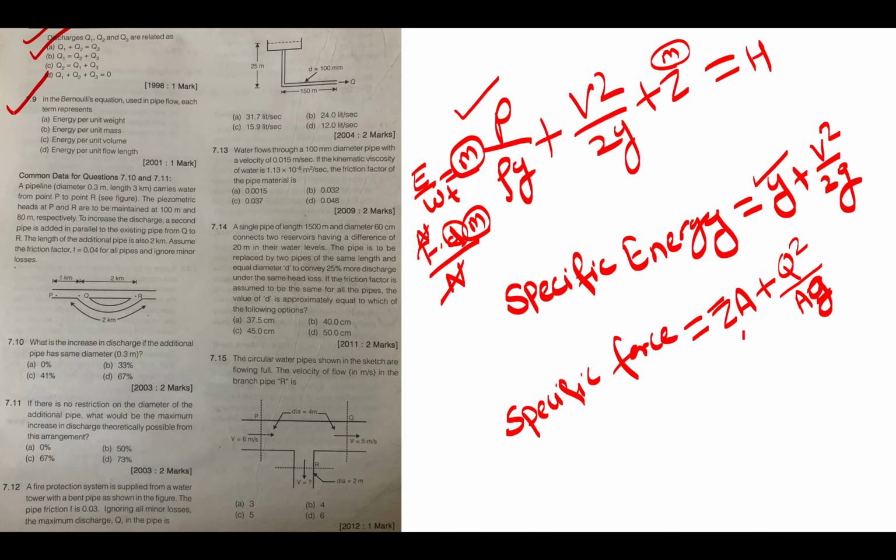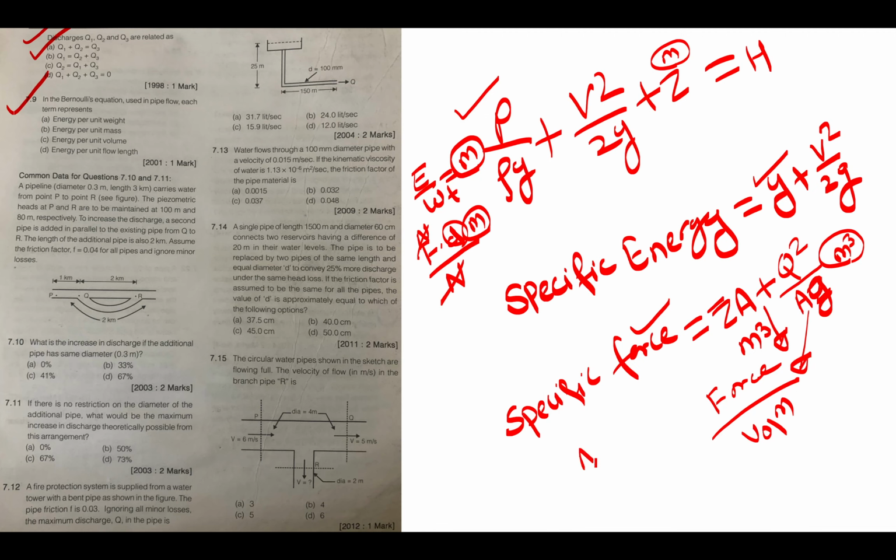But here this is meter cube, and this will also be meter cube. And why are we talking about this? This is force. This term gives the force per unit volume. Each term represents the force per unit volume.